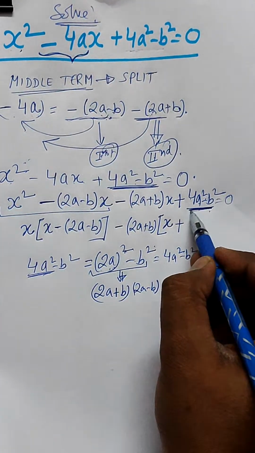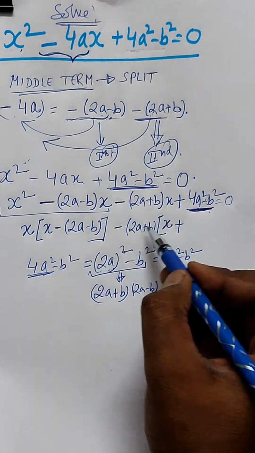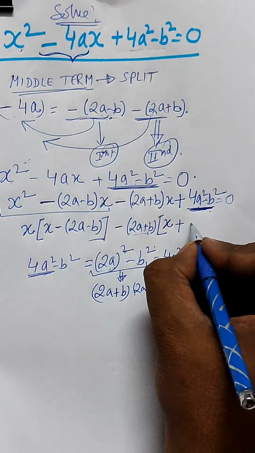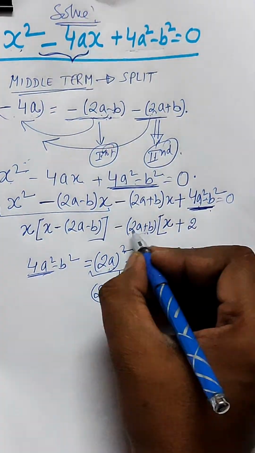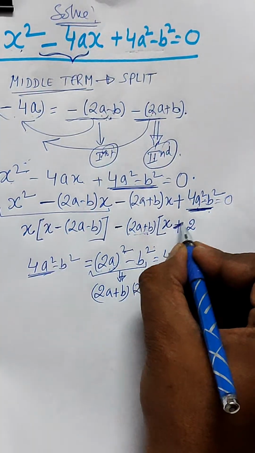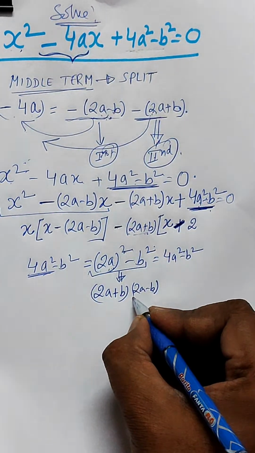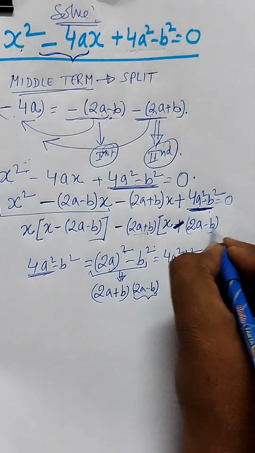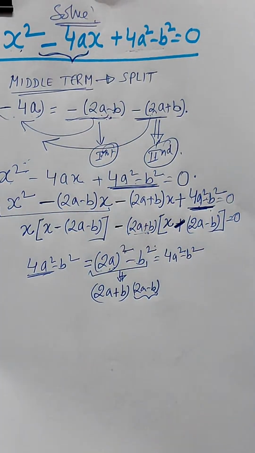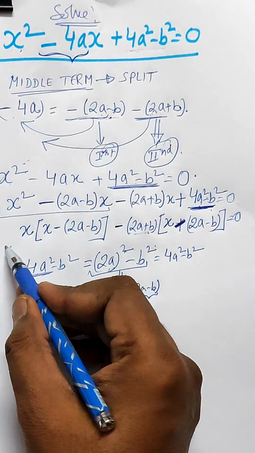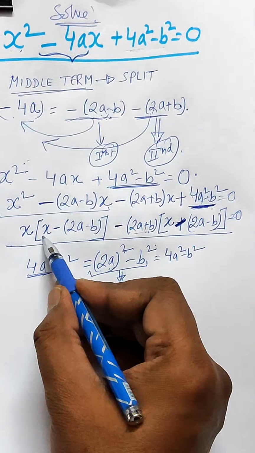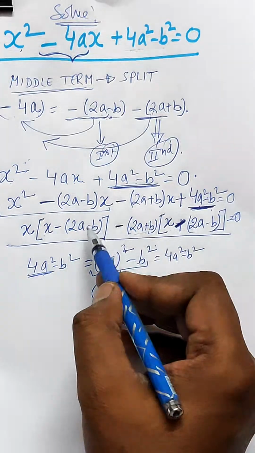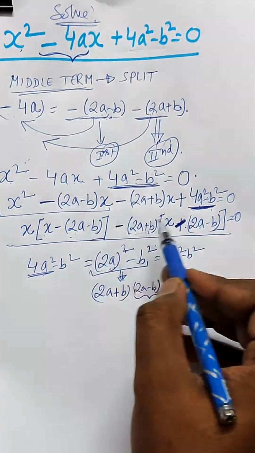So from this 4a square minus b square, if you bring 2a plus b as common and take it out, then we are left with minus also taken common. So here we are left with minus times this term 2a minus b, right, equal to 0. When you equate this, you can see x minus 2a minus b and x minus 2a minus b is common in both these terms, right?